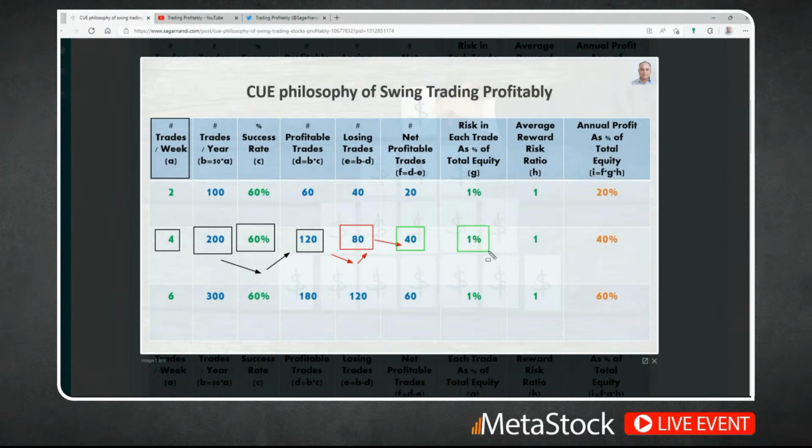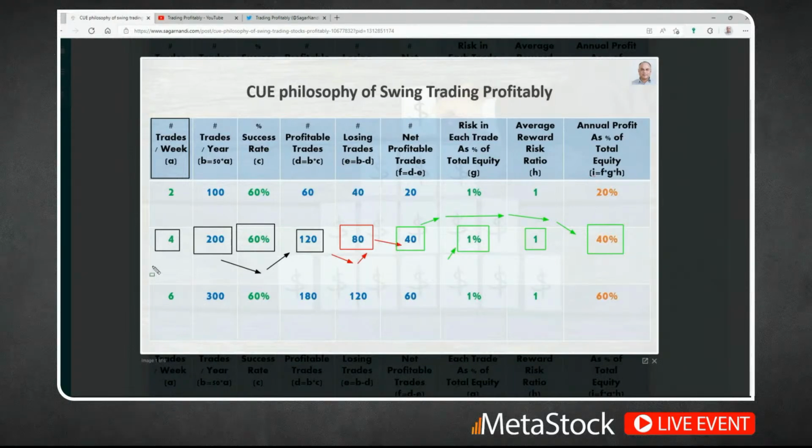If I risk 1% of my total account size in each trade, and I accept a 1:1 reward risk ratio, from these 40 net profitable trades, my annualized return on total capital, not invested capital, on total capital will be 40%.